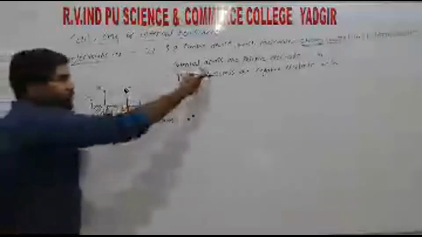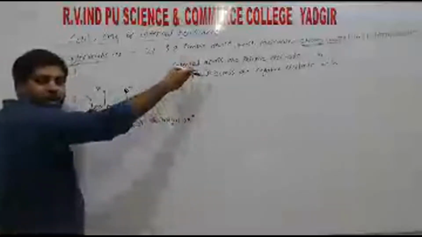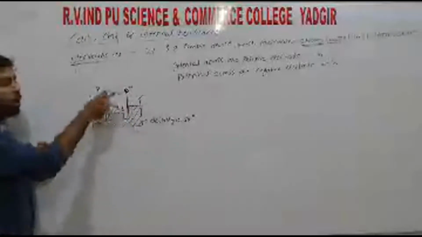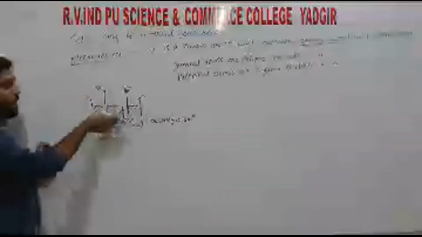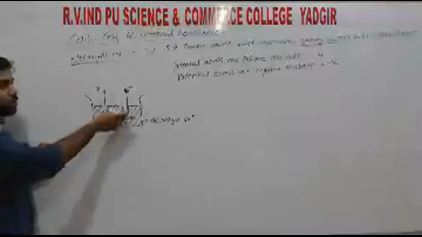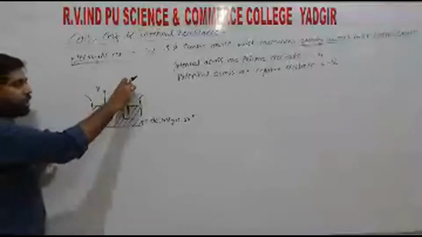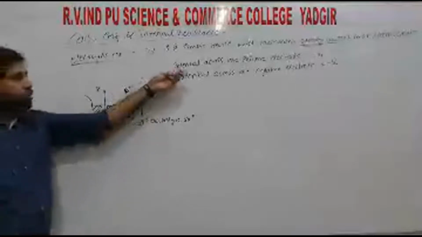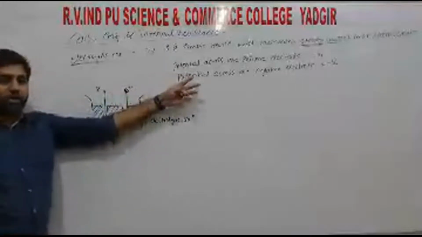So here we can write potential difference, or potential across P and potential across N, or potential difference between P and the electrolytic solution, and between the negative electrode and the electrolytic solution. So directly we can write the potential, right?